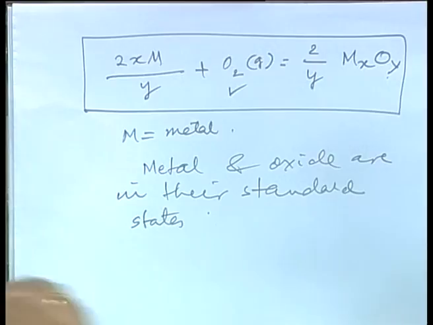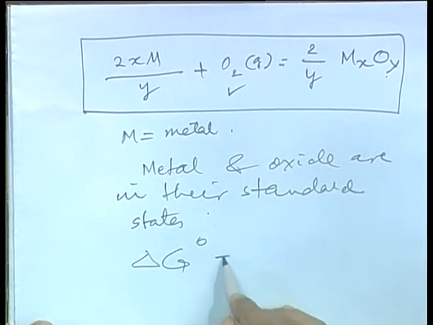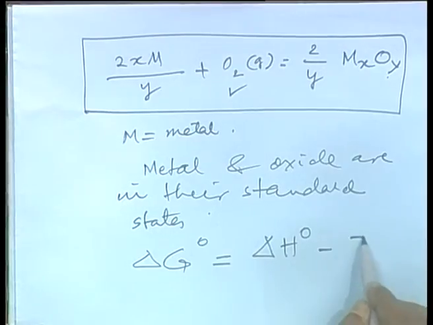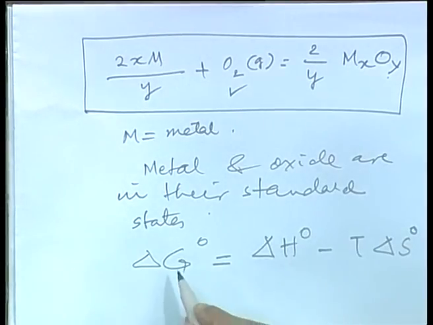And the equation for these lines would be delta G naught equals delta H naught minus T delta S naught. I am not writing delta G naught as a function of T here, because delta G naught and delta H naught values generally do not change with temperature.